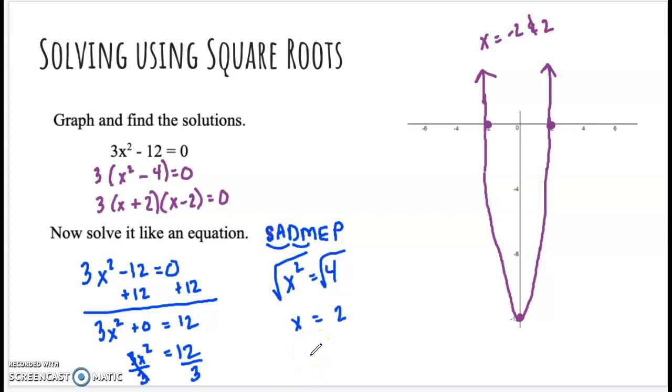Now this is where it gets a little tricky, right? Because notice we just got one answer, but we know that we should have gotten 2 answers. When you are solving a square, you have to think about all possible numbers that could go into this square that could make that +4.